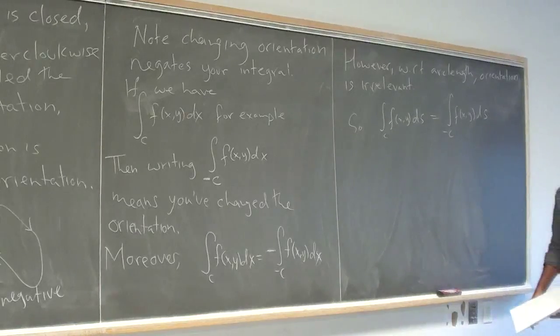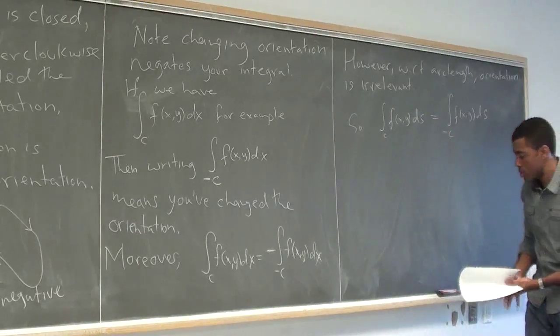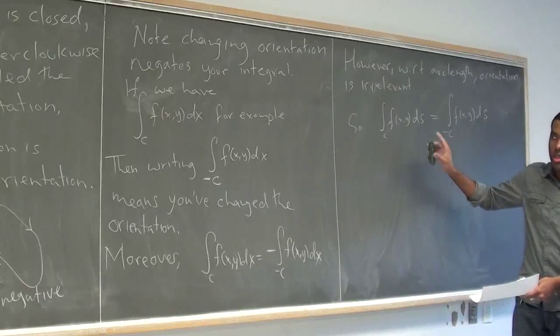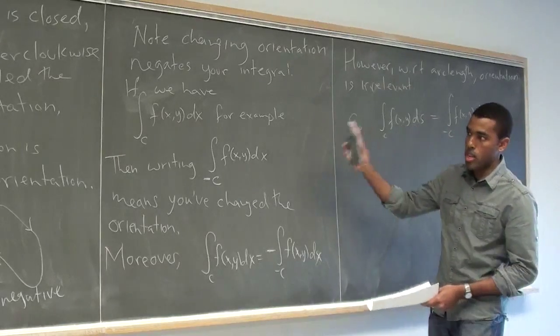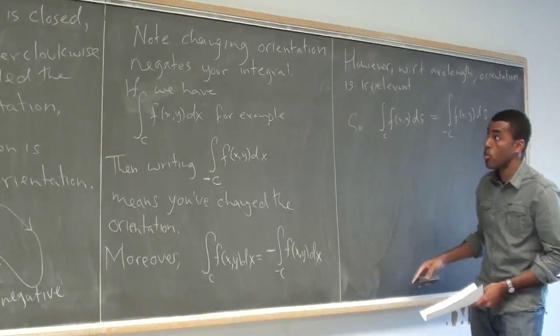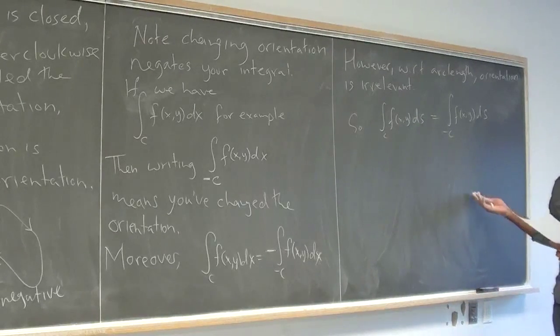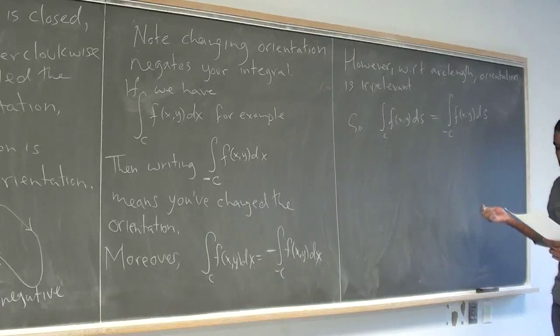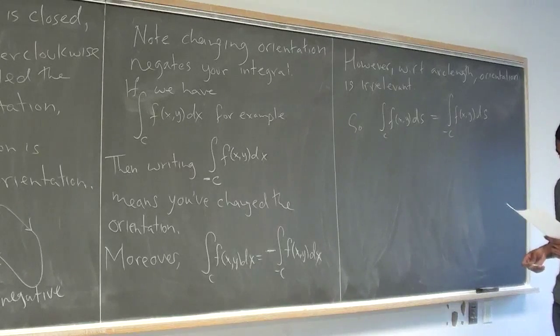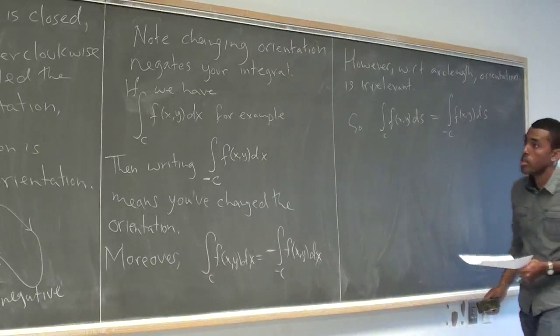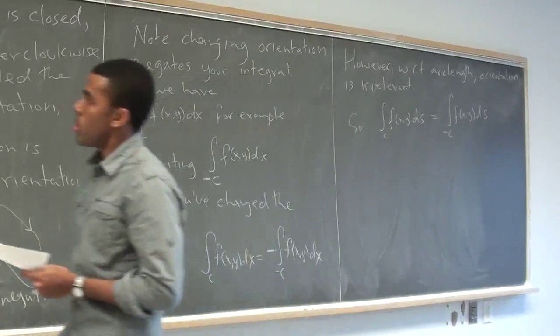So it also depends on the kind of integral you're doing, and this shows you the difference between how the integral with respect to arc length can change with respect to x and y. Because length doesn't have a direction. X and y have direction. Let's do another example.